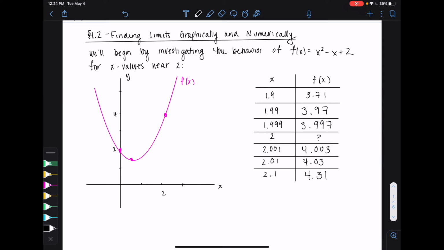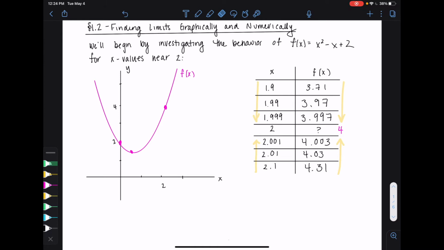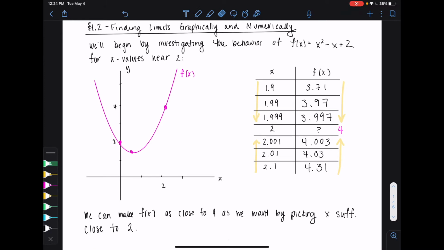So you can see as I'm getting closer and closer to 2 on either side of 2, my y values look like they're getting closer and closer to 4. So what we can say is we can make f of x as close to 4 as we want by picking x sufficiently close to 2. So you see I can get super, super close to 4 when x is within a certain distance of 2.